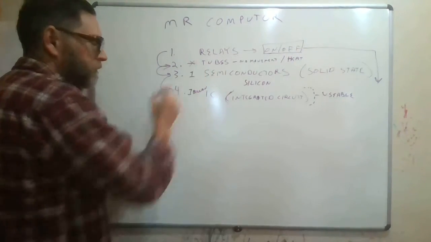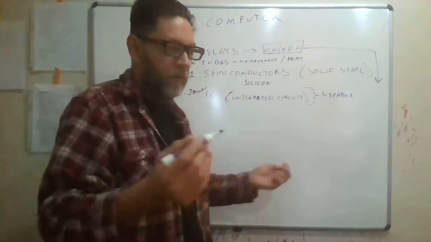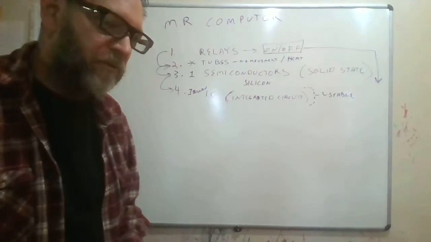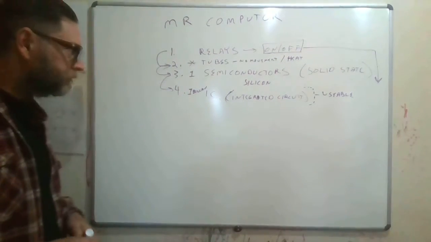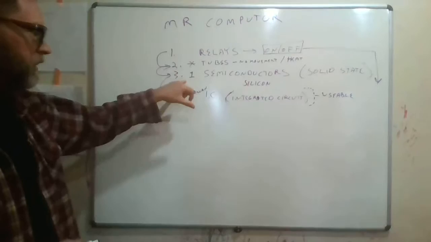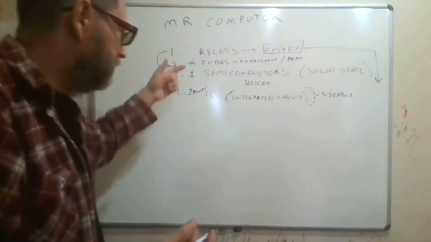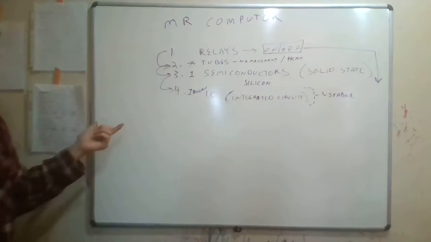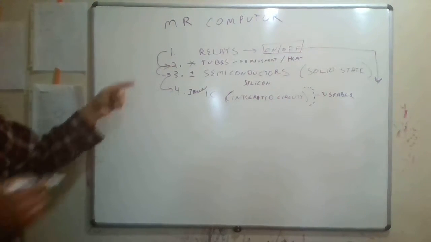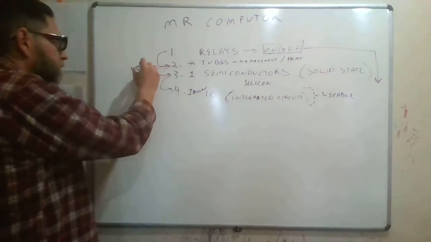Tubes are gone. You will not see a tube anywhere nowadays on anything built because they're very inefficient. Everything is semiconductors and relays. So that gives you a feel for how things have changed. And I'm only 50 years old, and I've seen this over the last 40 years.